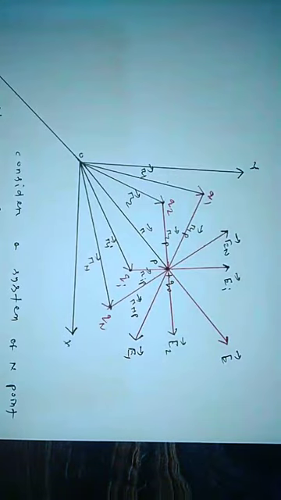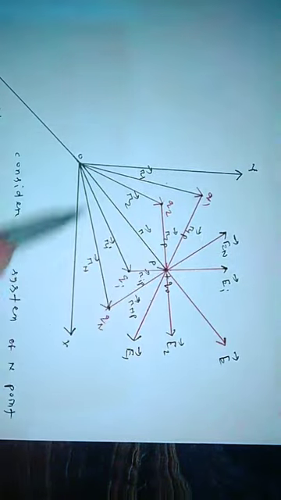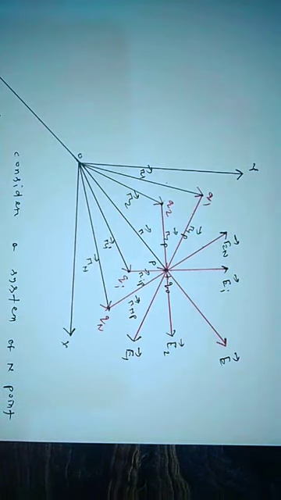So according to the principle of superposition, total electric field intensity at a point due to all the charges is equal to the vector sum of the electric fields produced by each charge individually.